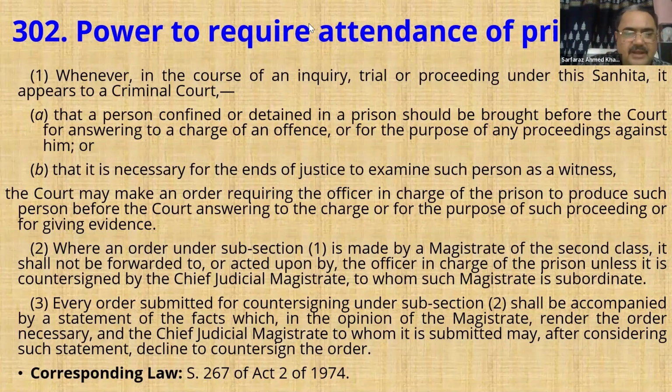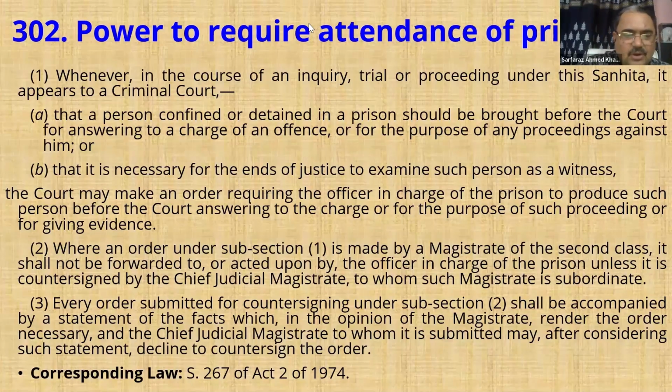Clause 2 says, where an order under subsection 1 is made by a magistrate of the second class, it shall not be forwarded to or acted upon by the officer in charge of a prison unless it is countersigned by the CJM. Now, remember in West Bengal, we don't have any judicial magistrate second class. If the second class is passing this kind of order, it requires a countersignature from the CJM.